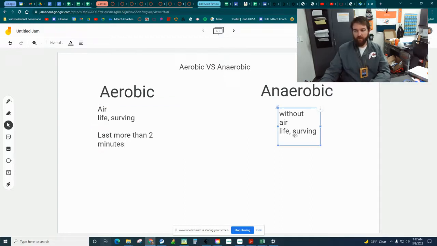Now, what are some exercises that would be anaerobic? Anaerobic exercises would be something along the lines of weightlifting. Short periods of time that we're not really gathering tons of oxygen. Some sprinting could be considered anaerobic because you're not going for a very long time.